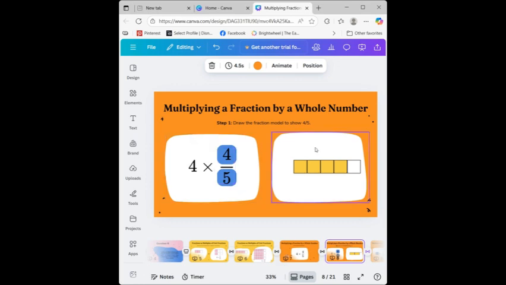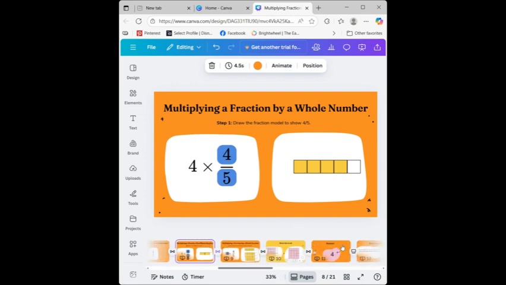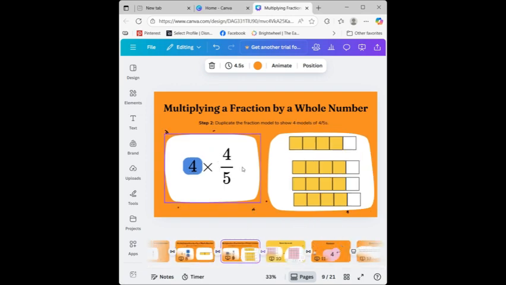So 4/5 is always going to be the one you want to write down first before you start making them into groups. And the whole number is going to be how many groups. So we have 4, it's 1, 2, 3, 4 groups.